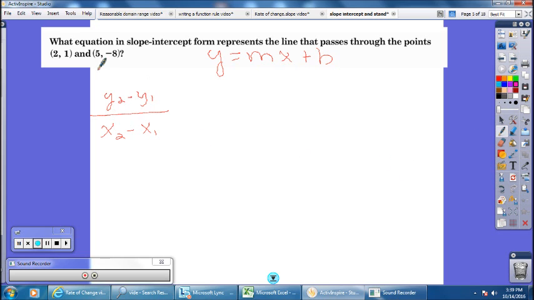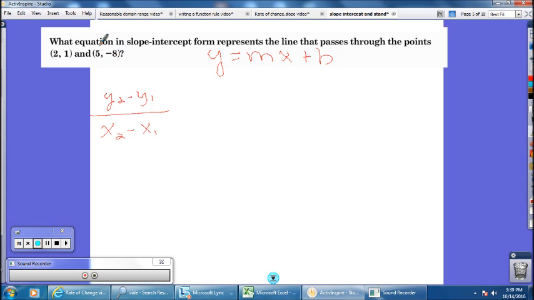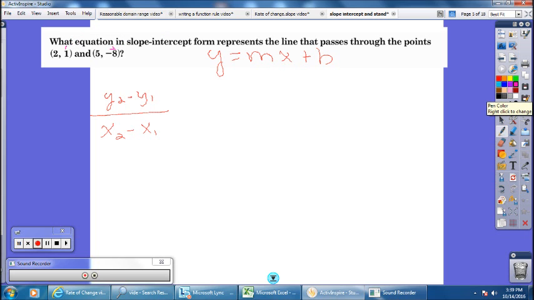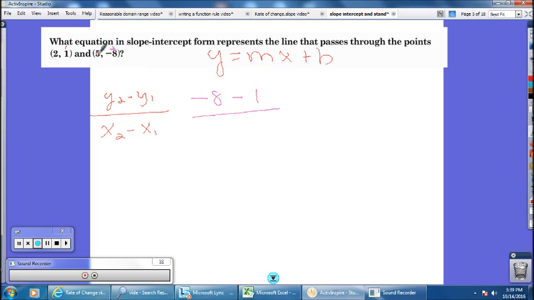Okay, so my y2 is right here. This is y1, y2, x1, x2. So y2 is -8 minus 1 over my x2, 5, minus 2. -8 minus 1 is -9 over 5 minus 2 is 3.